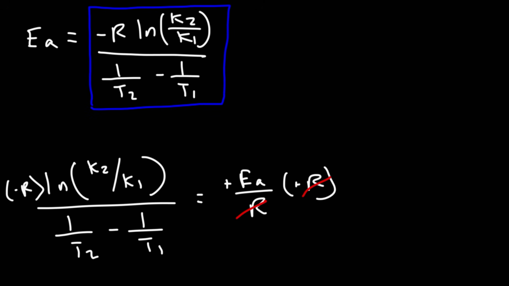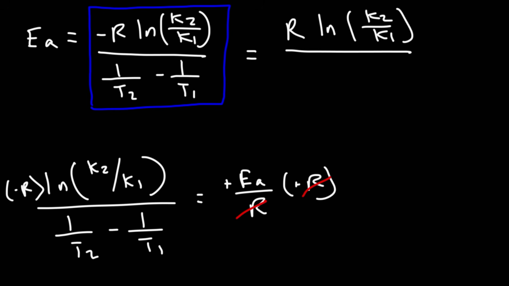Now you might see a variant of this equation. Sometimes this negative sign will be distributed to 1 over T2 minus 1 over T1, and that'll basically flip the order of T1 and T2. So this is also equal to positive R ln k2 over k1, divided by 1 over T1 minus 1 over T2. If you distribute the negative sign, negative times negative 1 over T becomes positive 1 over T1, and then here this will be negative, so minus 1 over T2.